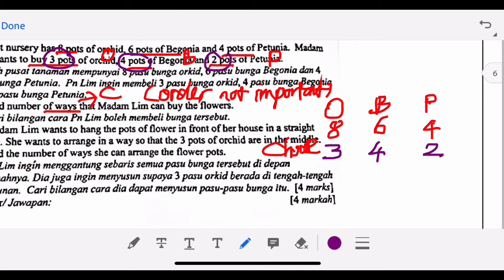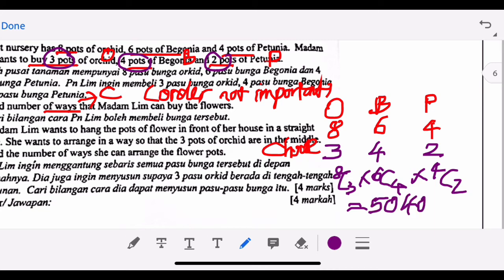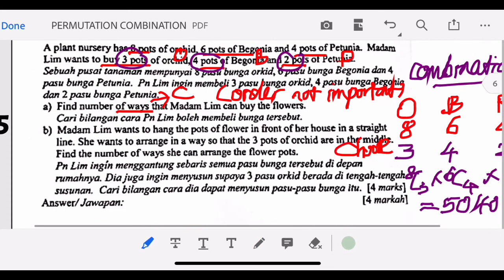Then you use the combination formula 8C3 times 6C4 times 4C2, because it's a combination, choosing a group of objects. Then you just press the calculator and the answer that you should get is 5040.